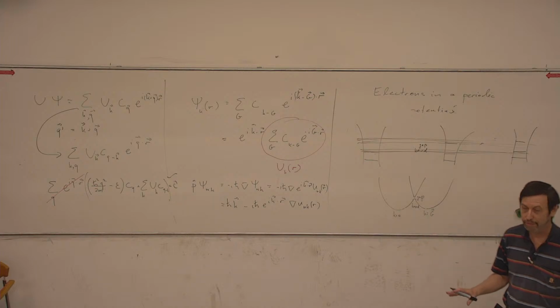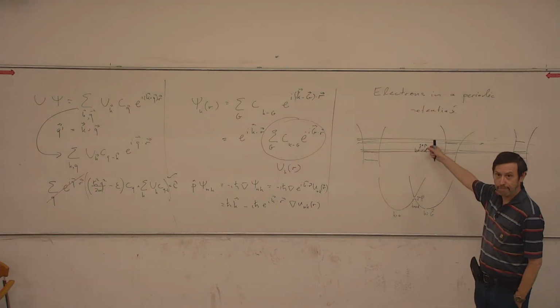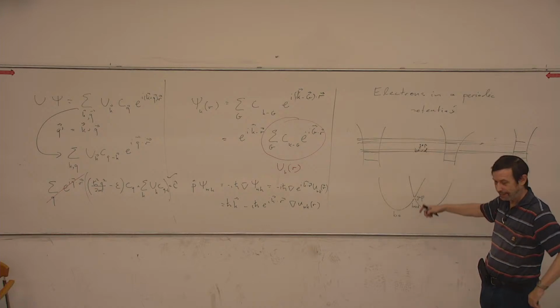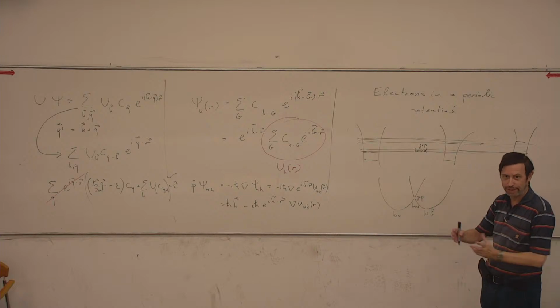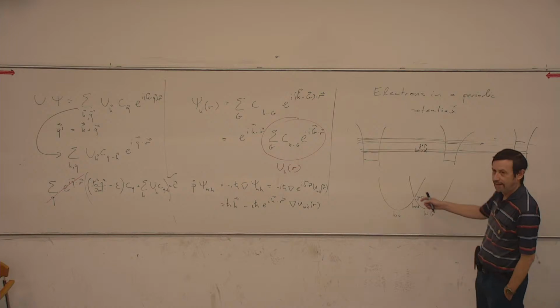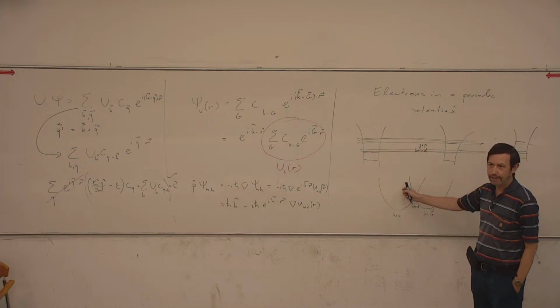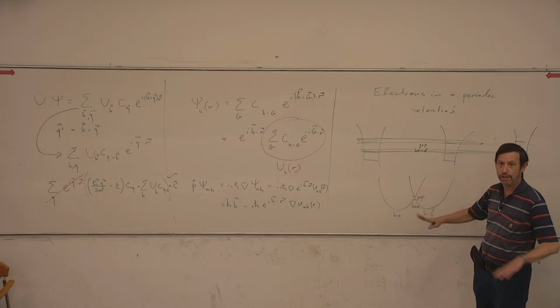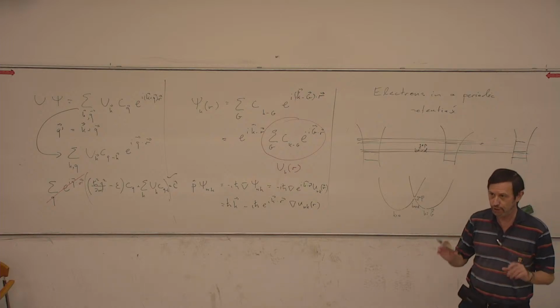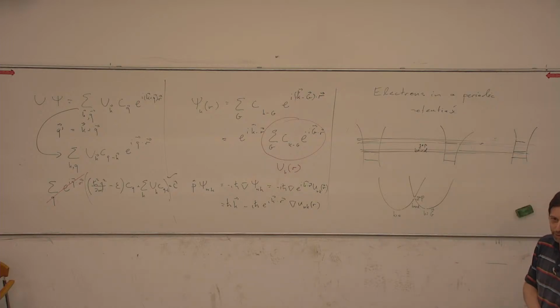Band and gap. Here the gap is large because I started from far away and strong potentials. Here the gap is small because I started from a weak potential. But the idea is that the fact that I have a lattice creates bands and gaps is essential in both of them and is the feature of any lattice potential.